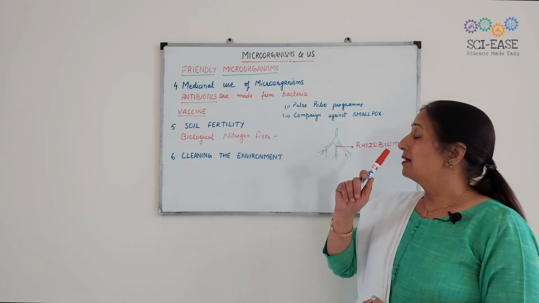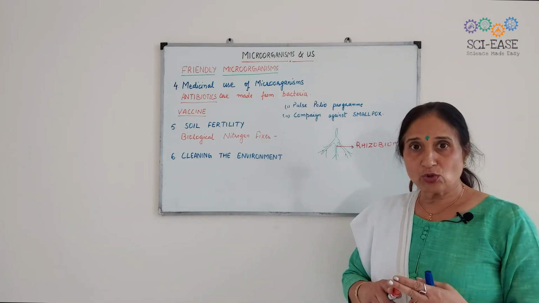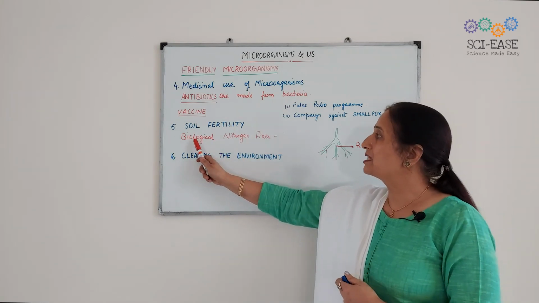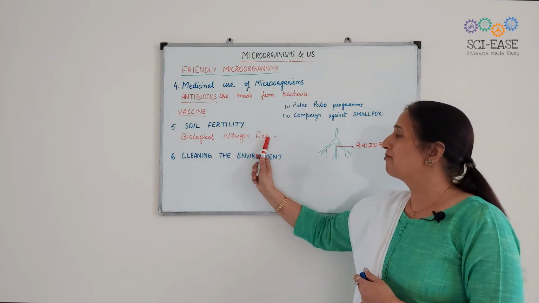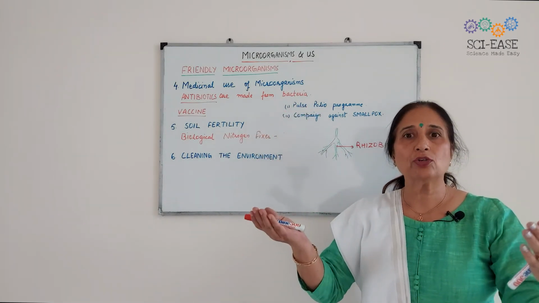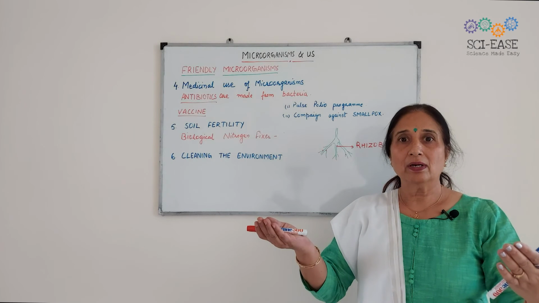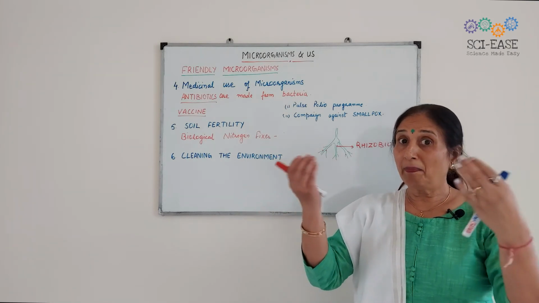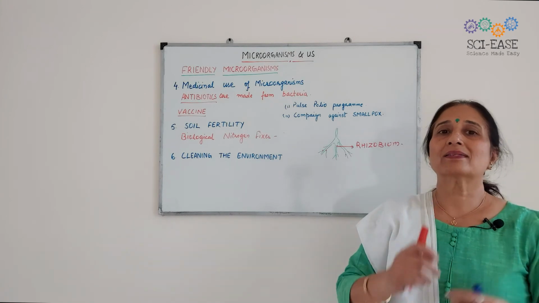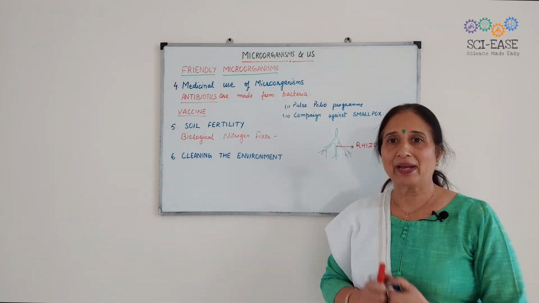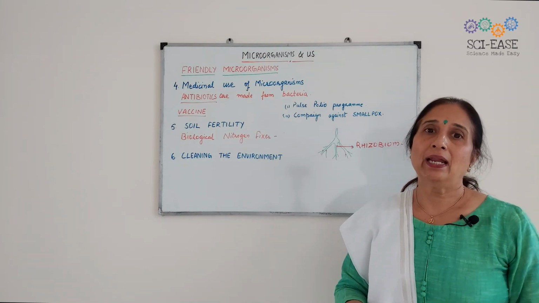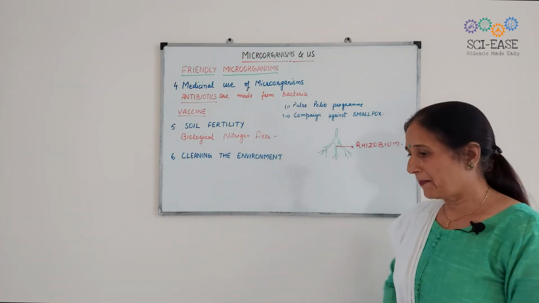So rhizobium and blue-green algae are known as biological nitrogen fixers. There is 78% nitrogen in the atmosphere, and plants can only use it if it is converted into nitrates. In this way, the fertility of the soil will increase.